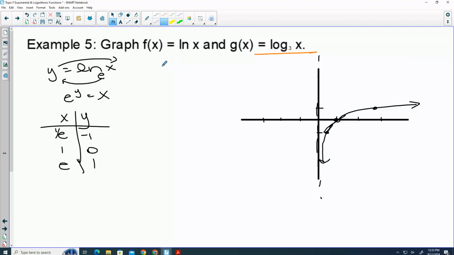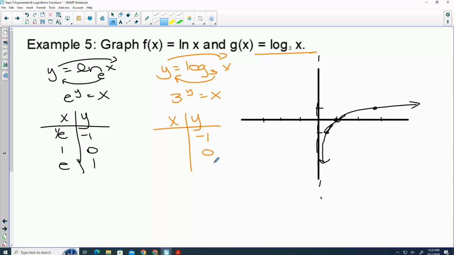So if we try this one. Log base 3. So that means y equals log base 3 of x. So in exponential form, 3 to the y equals x. So if you make your t-chart, -1, 0, and 1 are my y's. 3 to the -1 is 1/3. 3 to the 0 is 1. 3 to the first is 3.